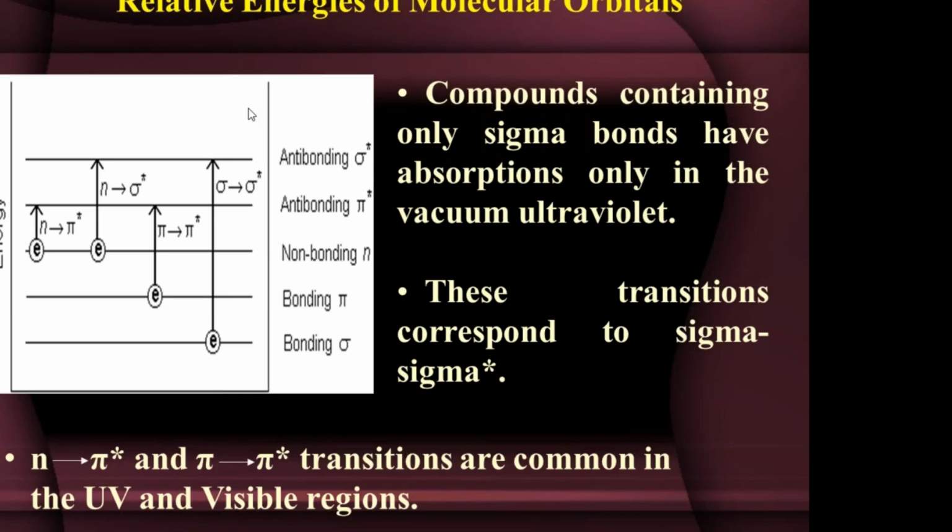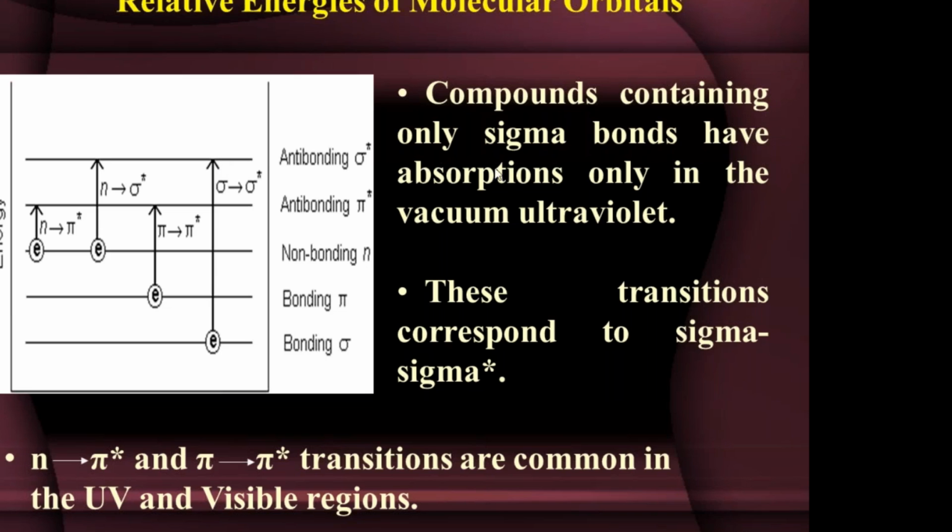These anti-bonding orbitals are unoccupied orbitals at room temperature with no excitation. These are also the excited states. So these are the normally occupied orbitals. Whenever these electrons are excited, they will undergo a transition to the anti-bonding orbital.